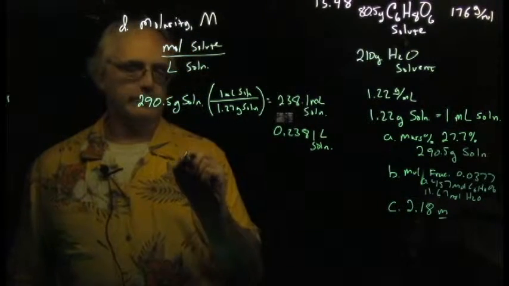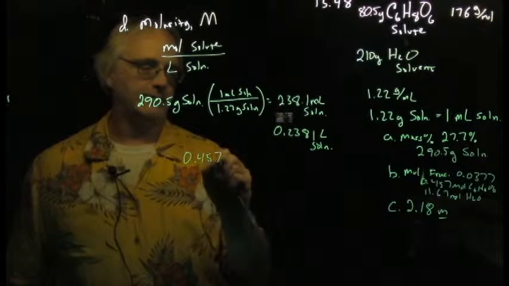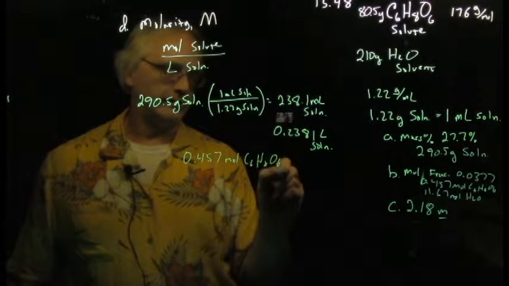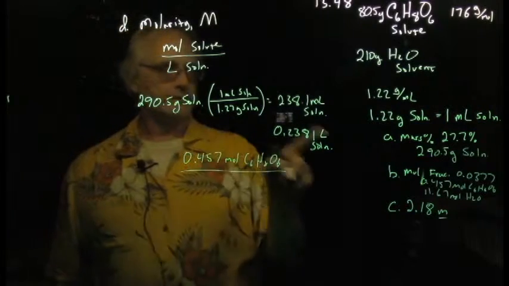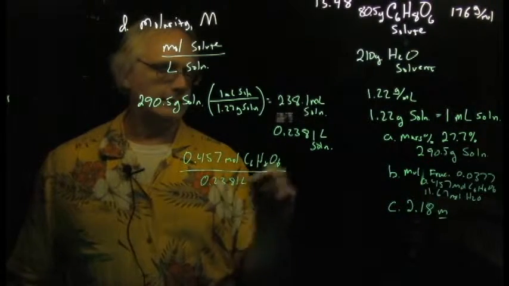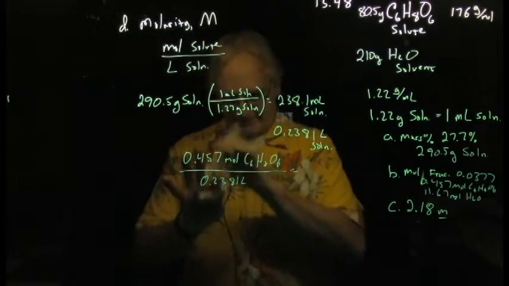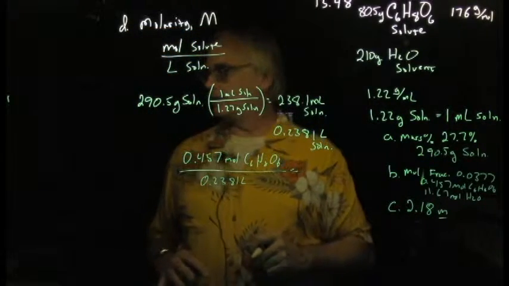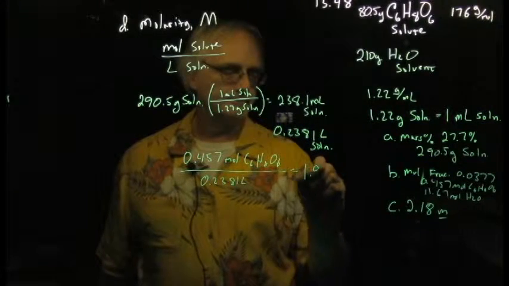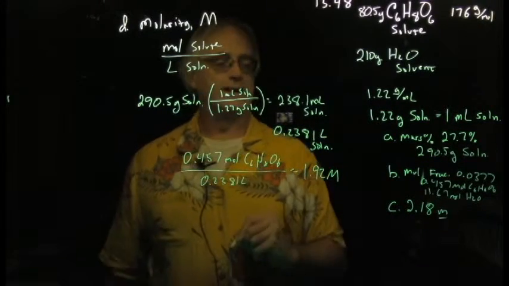Moles, there you are, 0.457 moles C6H8O6 over liters solution, 0.2381 liters. And yes, on the calculator, and out comes, what is it, 1.92. Molarity.